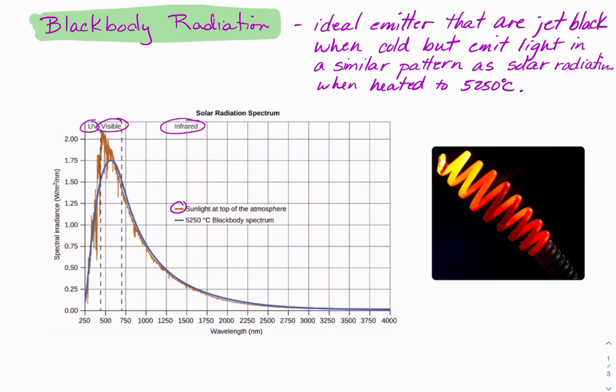Most of the light at the highest intensity is within this part of the graph, of visible light. There is quite a bit of infrared light, but as soon as you move into the UV section, the light trails off dramatically. And it turns out that we could not technically understand mathematically what was going on here.